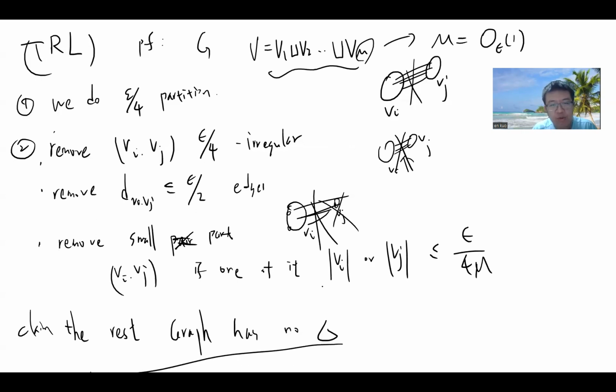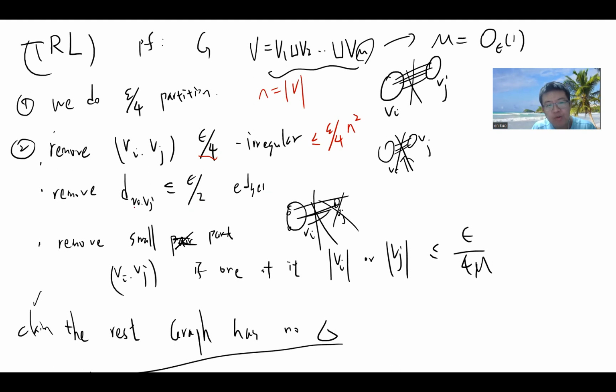Before we prove this, let's count how many edges we remove. This partition is epsilon divided by 4 regular, so the number of edges removed is, by definition, at most epsilon divided by 4 times n squared, where n is the number of vertices.